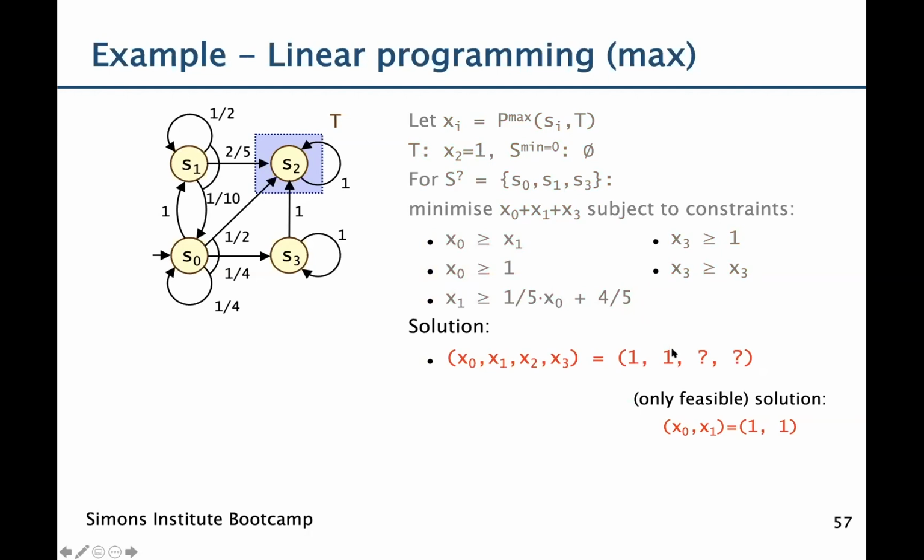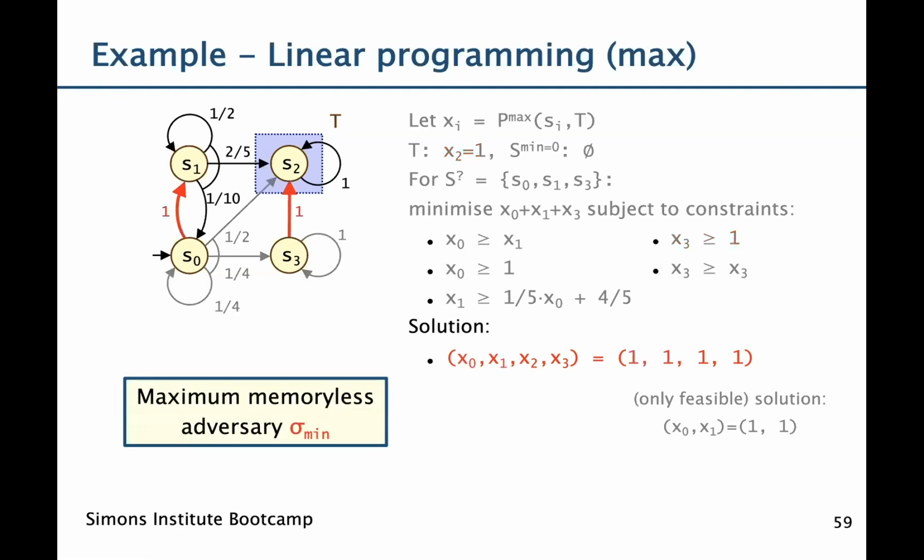Okay, so we've got the values for x0 and x1. So what about x2 and x3? Well, for x2, we know it's 1 because it's the target state, and we also know that x3 is greater than or equal to 1, and it's a probability, so it's equal to 1.